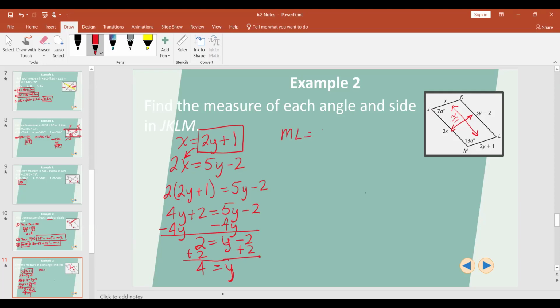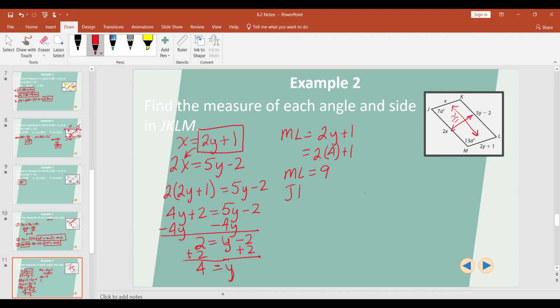I'm going to do ML. So ML is 2y plus 1, so that's 2 times 4 plus 1. That means ML equals 9. And if ML equals 9, that means JK also equals 9.